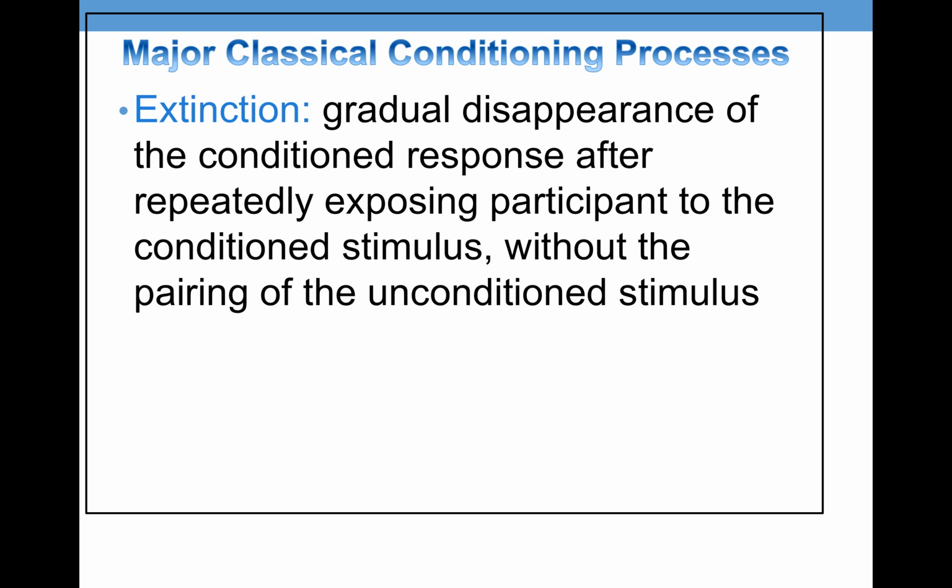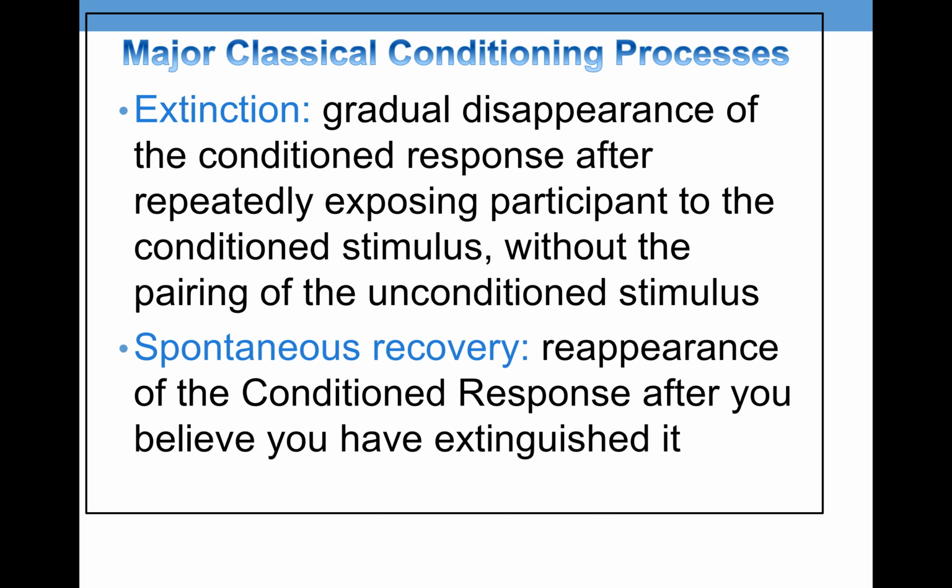For instance, if you remember the little Albert experiment, where the child was trained to be afraid of a white rat, if we kept showing Albert the white rat without ever again pairing the rat with a loud noise, over time his fear would extinguish. It might take a while, but if you just keep showing the white rat without ever scaring the child again when he saw a rat, the fear should go away or extinguish.